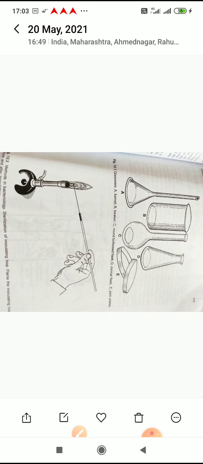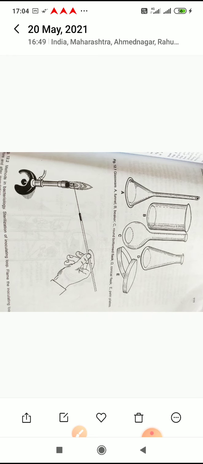Some of the methods followed for plant disease investigations in the laboratory and the field. So first, macroscopic study. The first method adopted for studying plant diseases is macroscopic study.